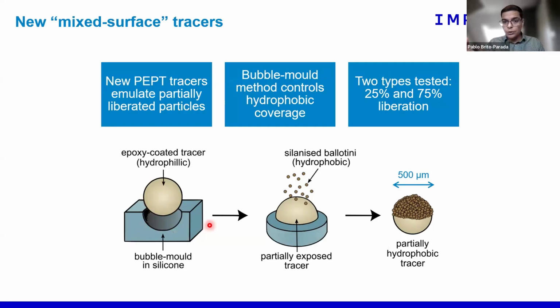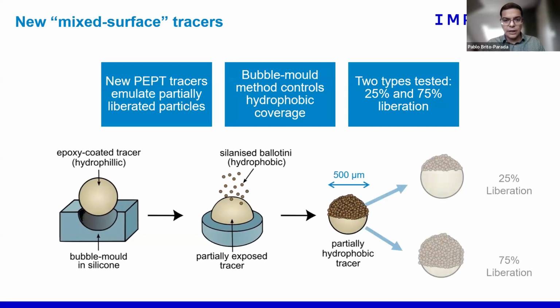We have it in the mold, and then we have the silanized Ballatini only in the sections that we're interested in covering. That allows, for example, getting a partially hydrophobic tracer, only covering half of the system. Of course, this is still pretty high in terms of liberation, but as a first step it was fantastic to be able to get. So we were able to test 50%, 25%, and 75% liberation using this technique.